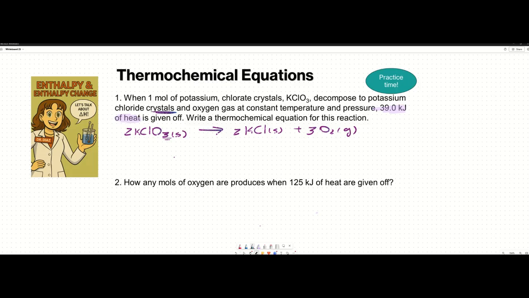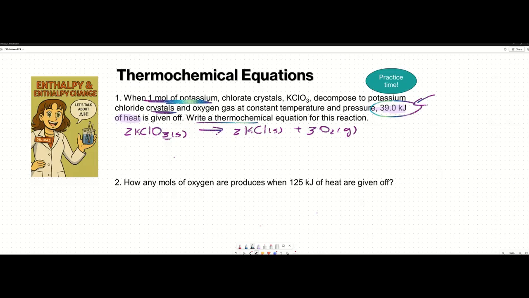So what I'm going to do here is write the thermochemical equation, right? But look at this. They say that for 1 mole of potassium chlorate, we have 39.0 kilojoules. In thermochemical equations, it's important to know that the enthalpy listed is specific to the molar quantity given.